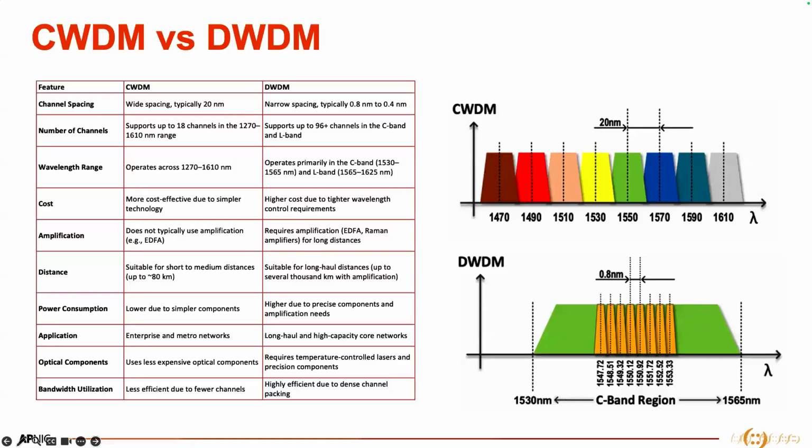Yes, Amarjit, please go ahead. Hello, sir. Can we further reduce the channel spacing in DWDM to increase the number of channels? Yes, but we do not increase the channels in that way. Please bear with me. You will understand these things by the end of tomorrow, I believe.